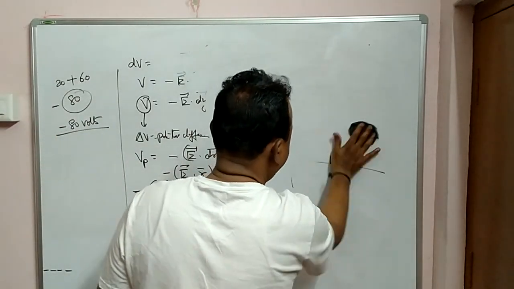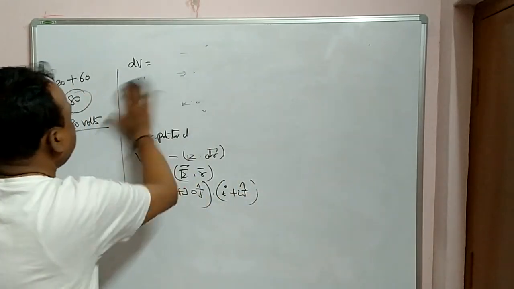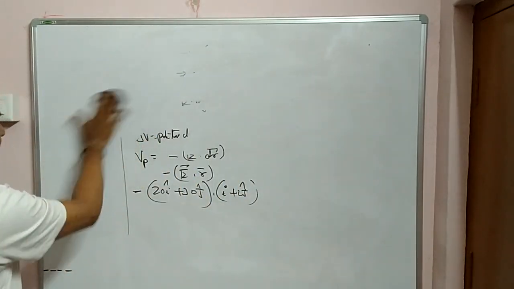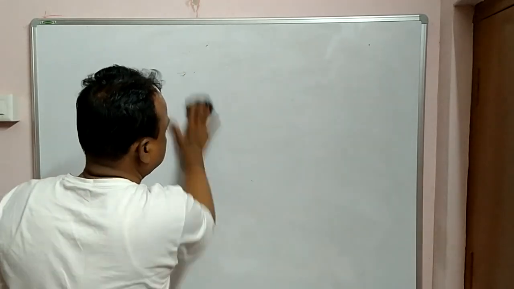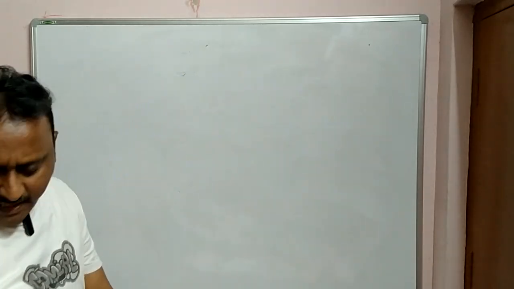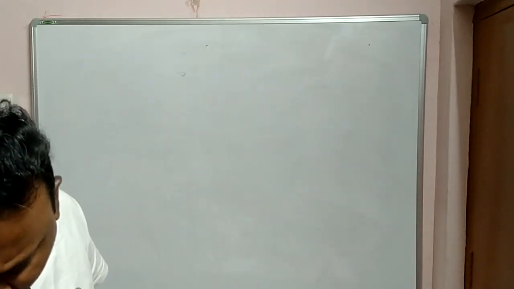We have some more formulas also for V, E and D, which I will give you for better understanding. We have them in vector form, and an electric field intensity vector formula is there.